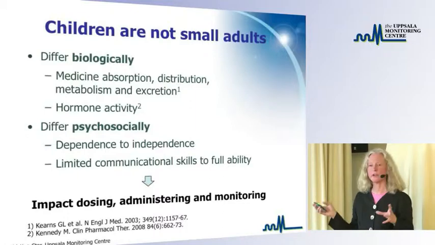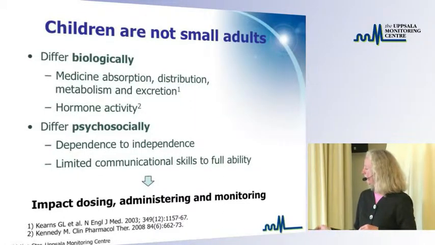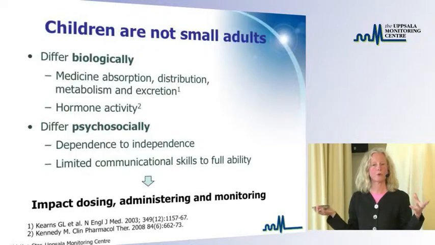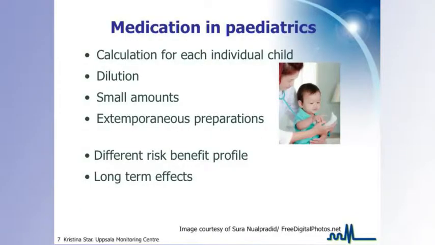So the whole scenario is very complicated when it comes to pediatrics. And it's good to keep in mind when you get reports for children, or when you evaluate child patient records that were given today, because the background leads to calculation being needed for the dose for each individual child.